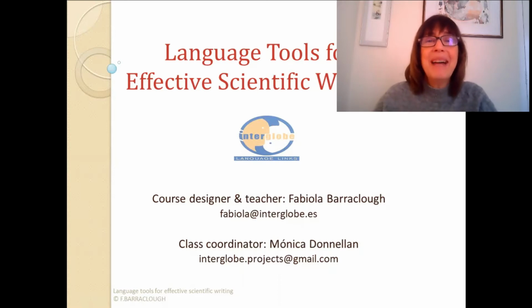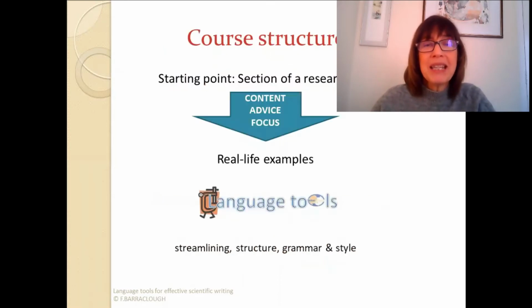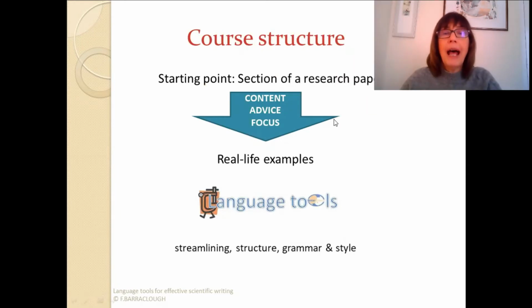Okay? And so to just start off with, the course structure is as follows.